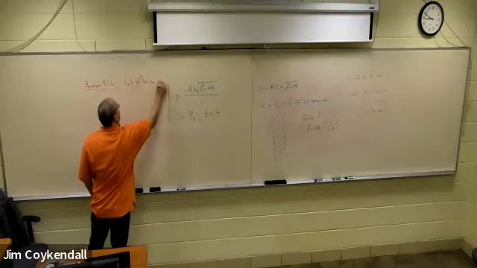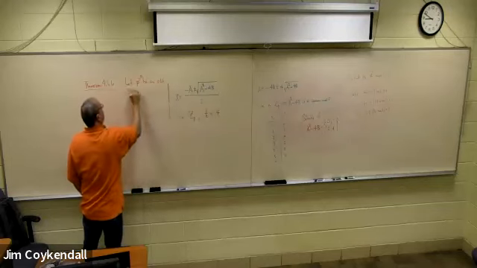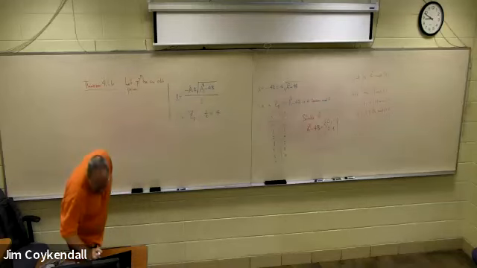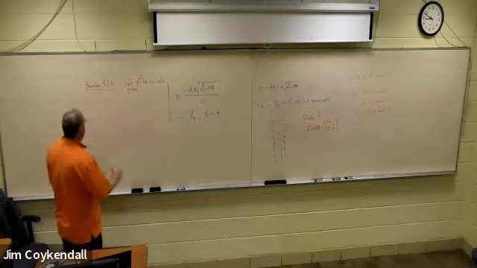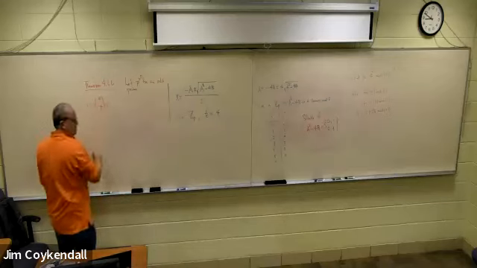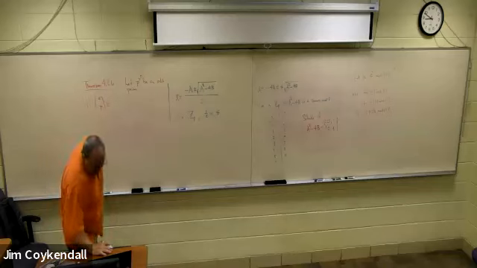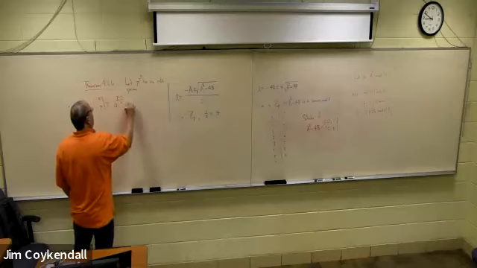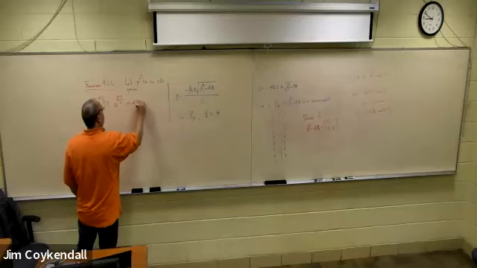Then, number 1, the Legendre symbol (a/p) is equivalent to a to the (p minus 1)/2 mod p.